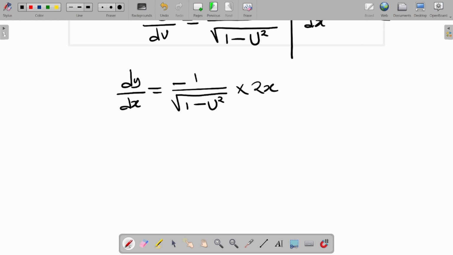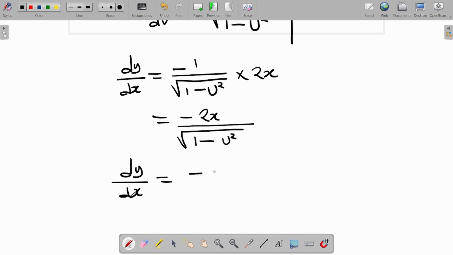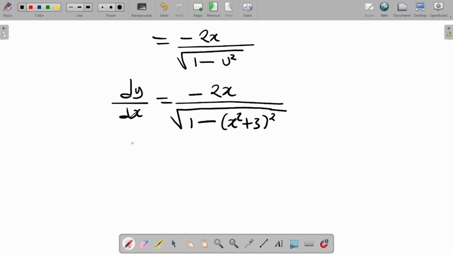Simplifying this, you get minus 2x over the square root of 1 minus u squared. But what is u? So our dy over dx, the final answer, will be minus 2x divided by the square root of 1 minus, u is x squared plus 3, all squared. So this is the overall solution, the final answer to the question.